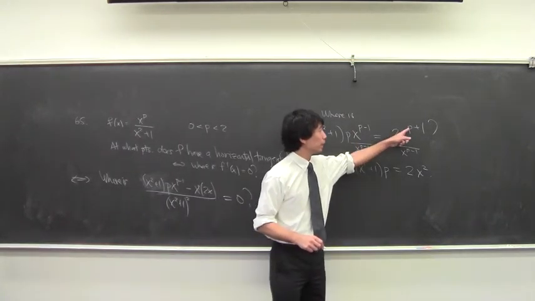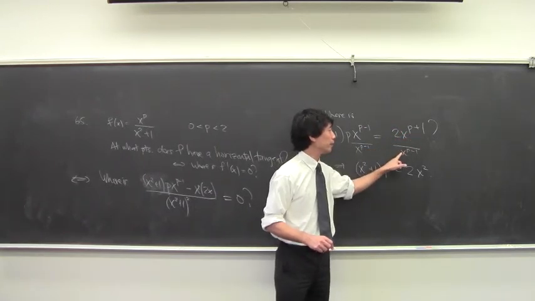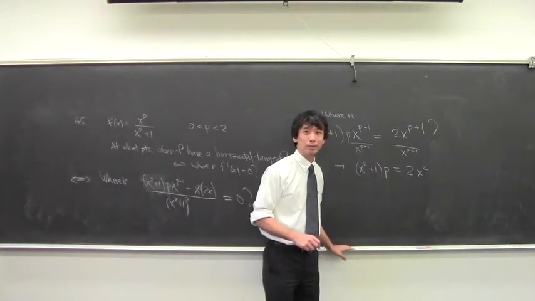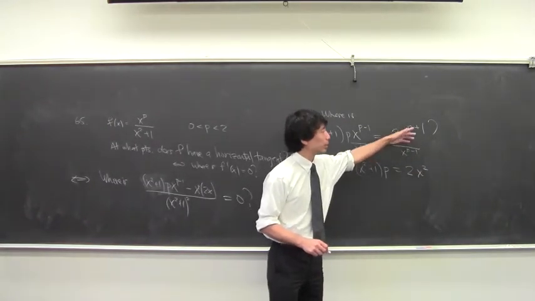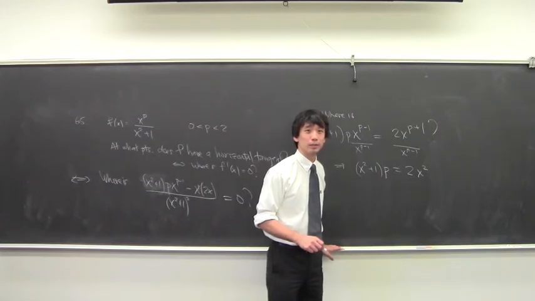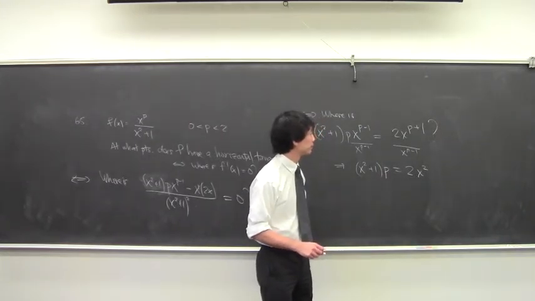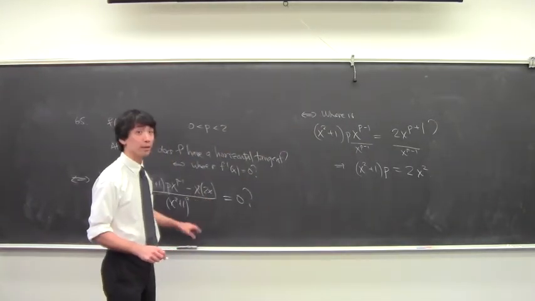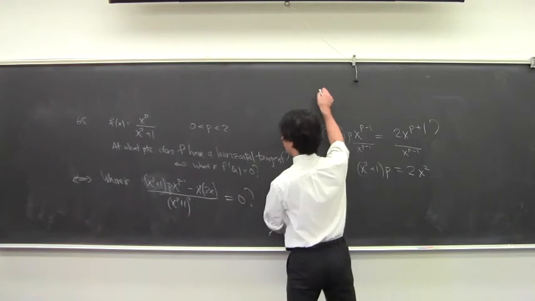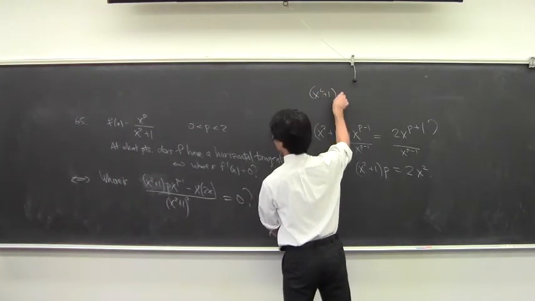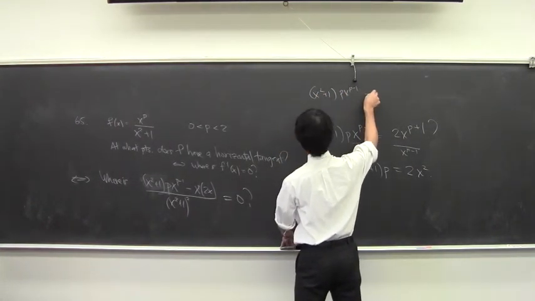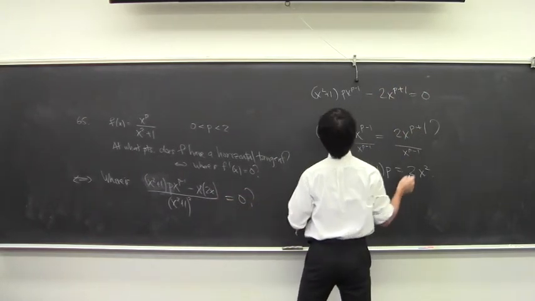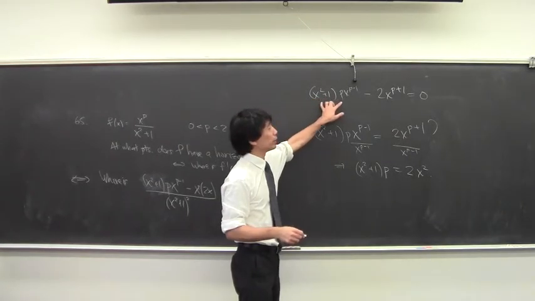Because you've got x to the p times x, and you've got x to the p times x to the minus 1 on the bottom. So that becomes x squared. So we have x squared plus 1, p x to the p minus 1, minus 2x to the p plus 1 equals 0. I'm setting the numerator equal to 0.